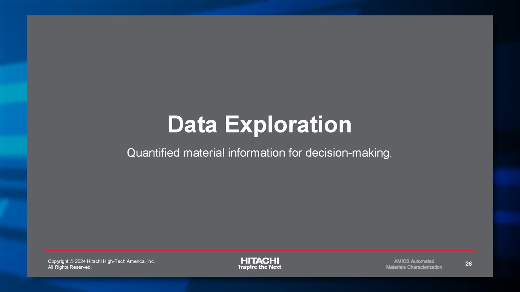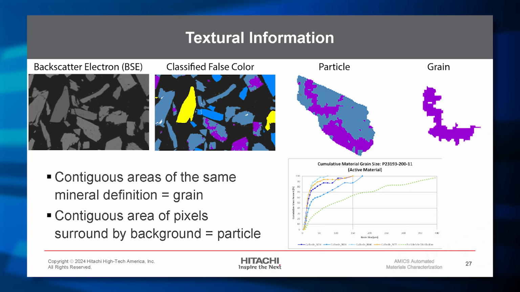And then finally, I'm going to go through data exploration, and watch this space because this is evolving very quickly. We have the ability to extract textural information. This is one of the core things that AMICS does: you've got the information from the false colored maps, but then it can pick out grains, which are contiguous areas of the same material. I know all the geologists are going to go, great, but yeah.